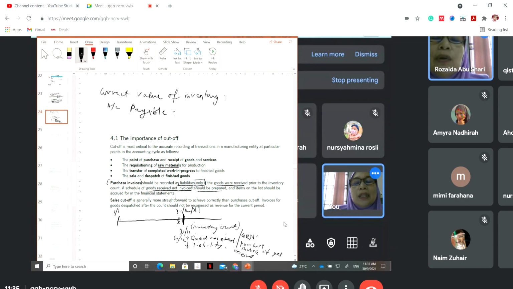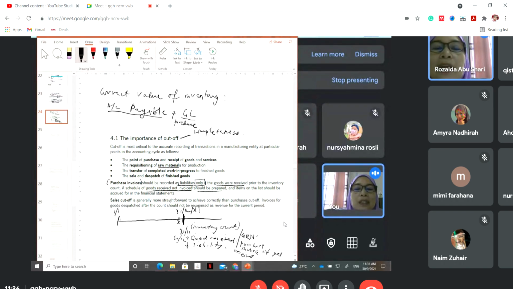So sebab apa you nak tengok, bila I kata tadi, when you do the cut-off test, at the same time you will get the result of the completeness assertion. So nak tengok completeness ni, kita kena tengok record. So dalam record, dia masukkan tak as recognition of liability under accounts payable, and you have to check also the general ledger under purchase.